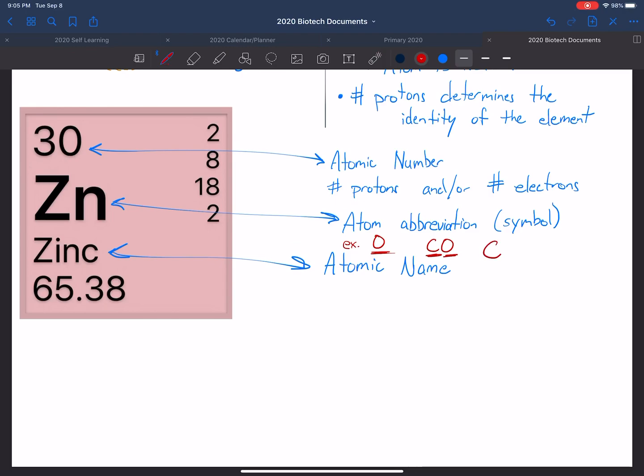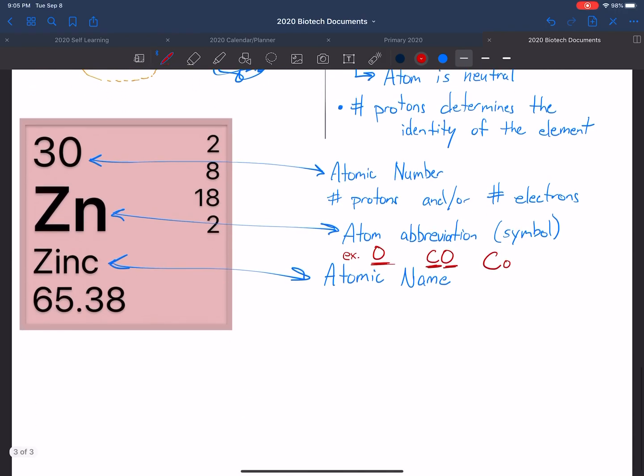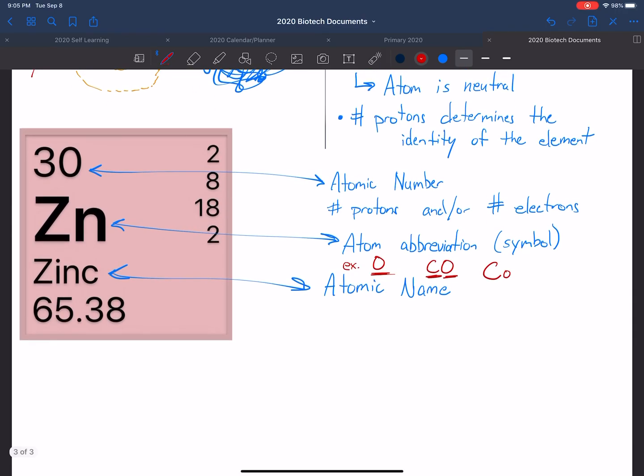This is a different situation. A capital followed by a lowercase, this Co, is not the same as that other one. This one is one element together, so I'm not creating two little spaces there, and this represents cobalt. So it's important that you keep track of that. Capital letter, and then if it has a second letter, it will always be lowercase. Just a good thing to keep in mind.